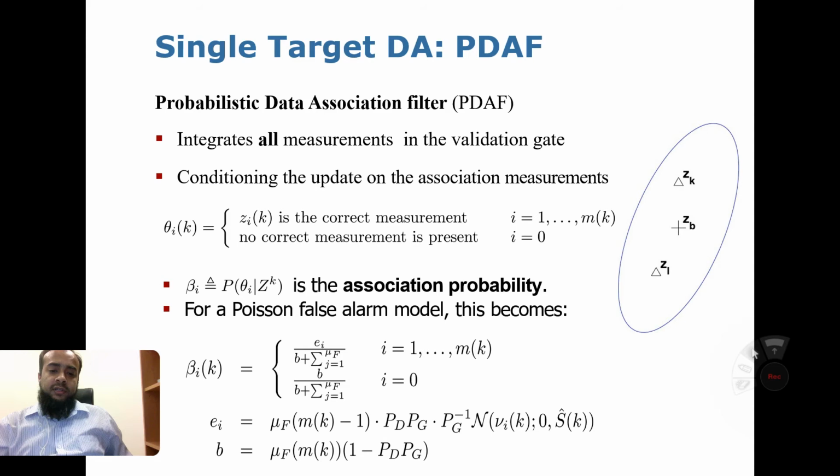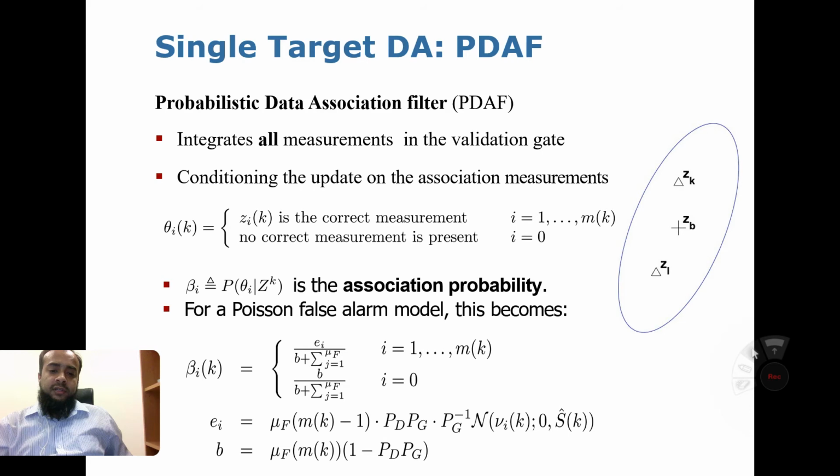It means it assigns all measurements in the validation gate, conditioning the update on the association measurements. Based on the association measurements, it integrates all measurements and assigns measurements to all tracks that are selected in the validation gate.